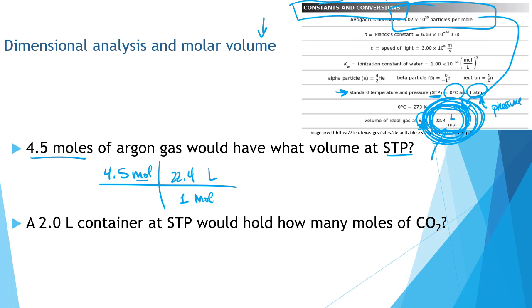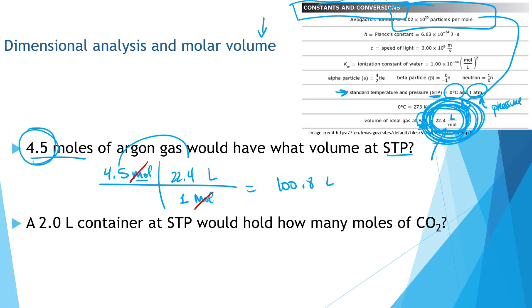So now my moles, top and bottom, cancel out. With my calculator, I'm going to do 4.5 times 22.4 divided by 1, which we can totally skip because it's 1. 4.5 times 22.4 gives us 100.8 liters of gas, argon gas.